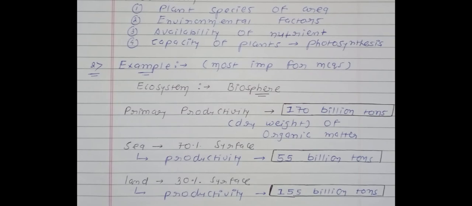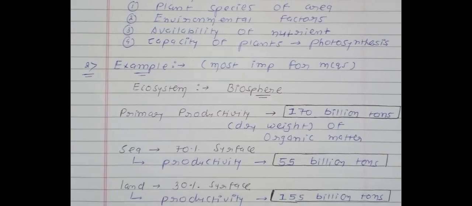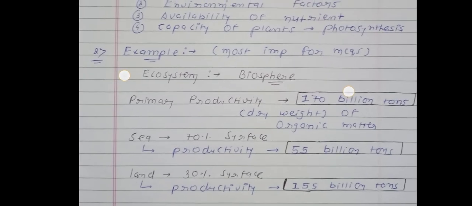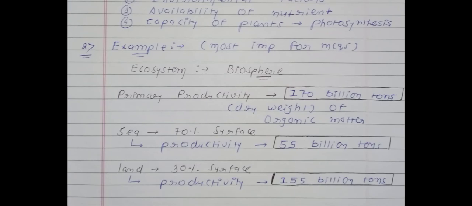Now, the biosphere is made up of sea as well as land. 70% of the earth is covered by sea while 30% is covered by land. The sea, which covers 70% of the surface, has a productivity of only 55 billion tons, while land covers only 30% of the surface and its productivity is 115 billion tons, because maximum plant species are there on land compared to the sea.